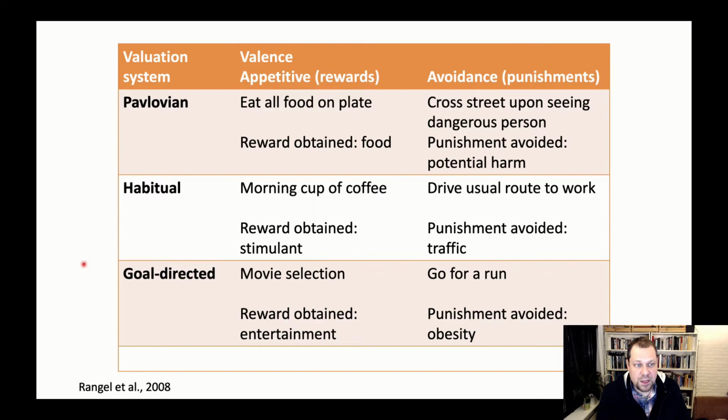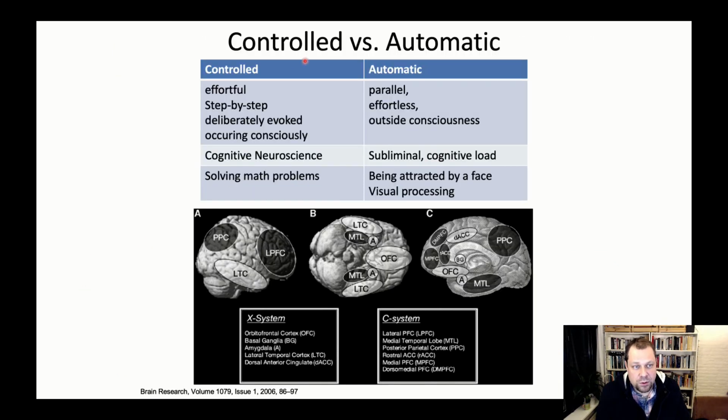And finally, the goal-directed system, while it might rely on these two lower-level systems, is the most controlled system in a sense. And also these distinctions can be seen in the brain, as this paper reminds us.